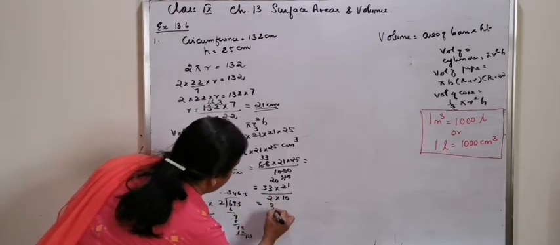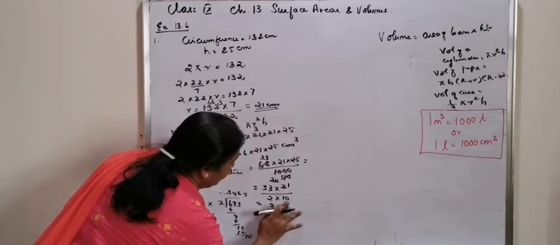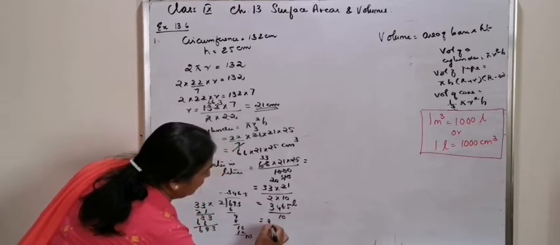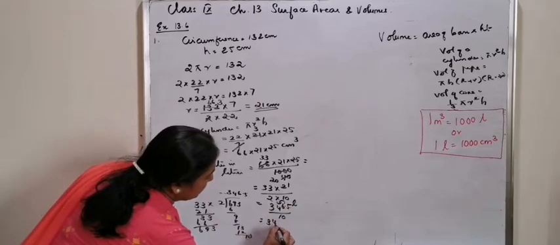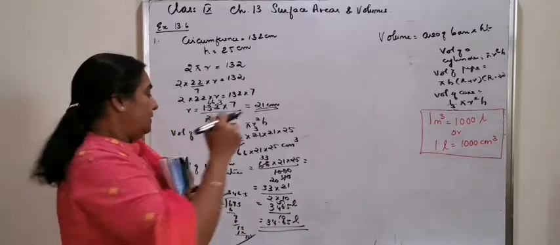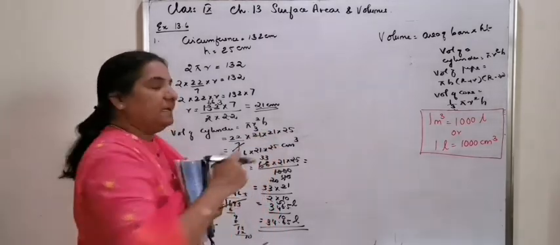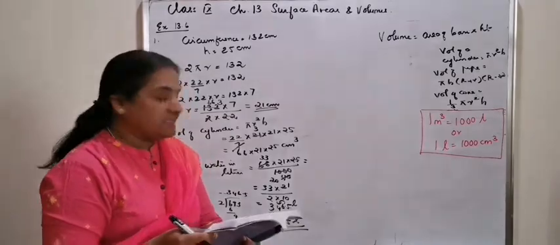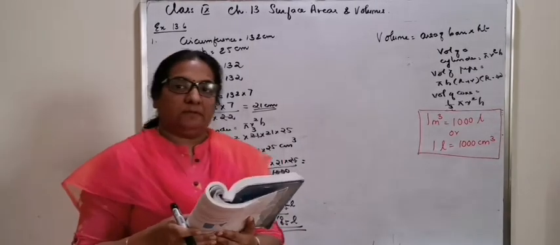That is 346.5, divided by 10, or shift one place, it is 34.65 liters. Or you can multiply from this step and then divide by 1000. So the answer is 34.65 liters.